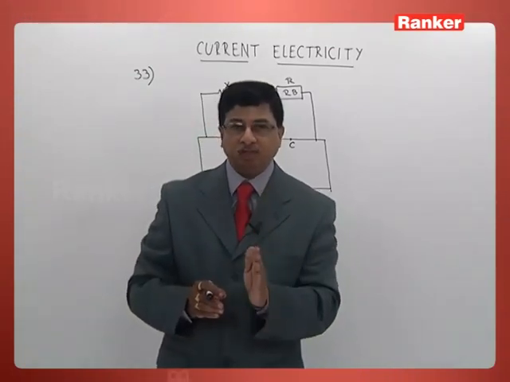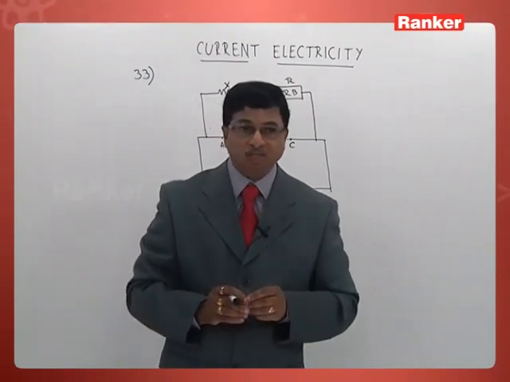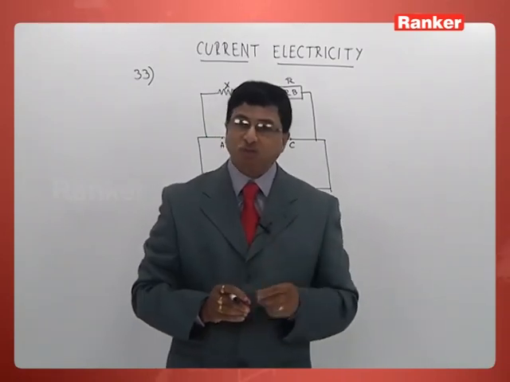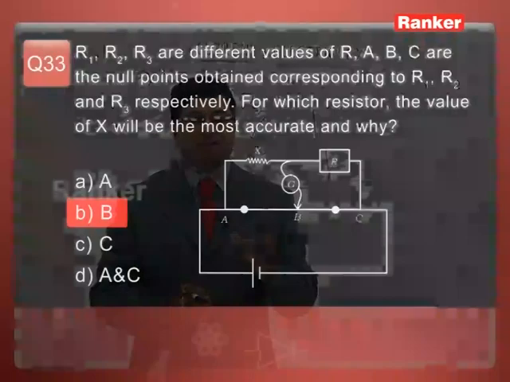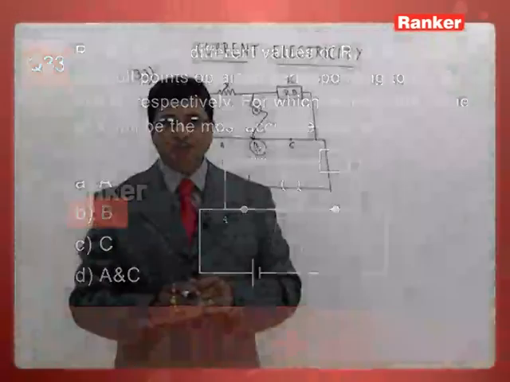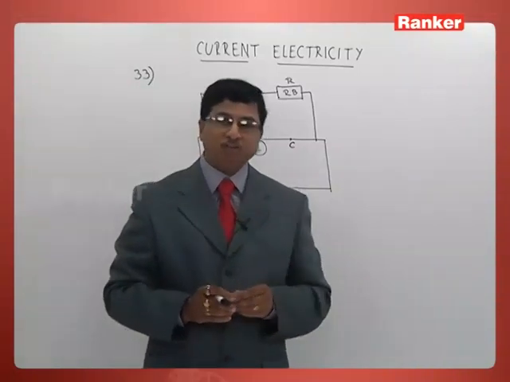If you find the null point exactly at the 50th centimeter. That is the theoretical logic by means of which you can identify the right option as B in this particular question. So this is problem number 33.